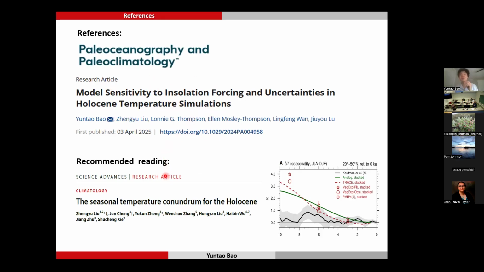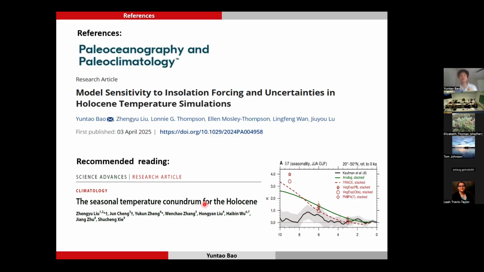Another thing, I will use one minute, is that I would recommend new research from my advisor, on the seasonal temperature conundrum for the Holocene. This new study focuses on the seasonal amplitude between DJF and JJA. It shows that the models do have a very large seasonal amplitude during the mid and early Holocene, but the proxies show a very low amplitude of the seasonal cycle.